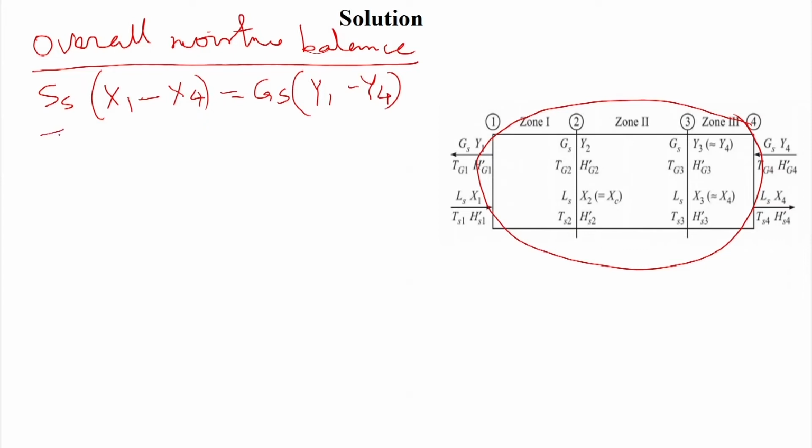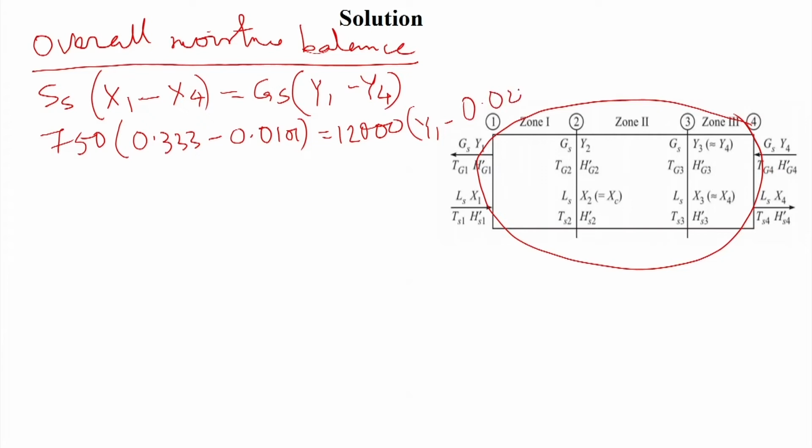That is 750 into 0.333 minus 0.0101, equal to G s, given as 12,000, into y 1 minus y 4, given as 0.025.